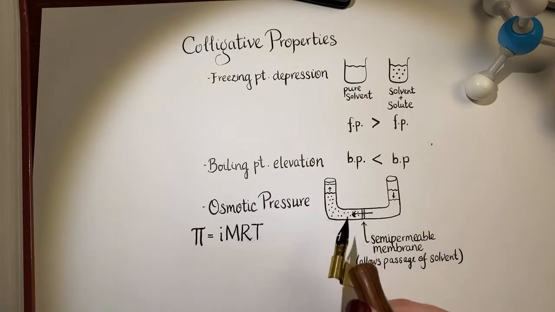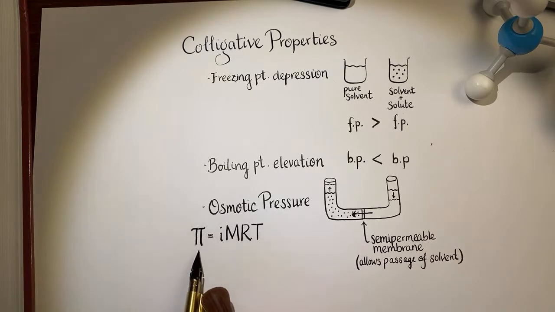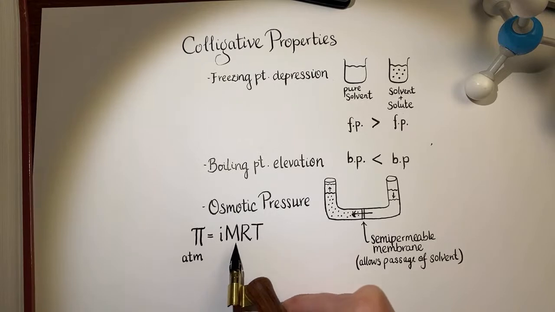So this is temperature dependent. Okay. So here's our osmotic pressure. This is in units of atmosphere. The Van't Hoff Factor is unitless. Again, I'll tell you what that is. Promise. Molarity. Moles per liter.